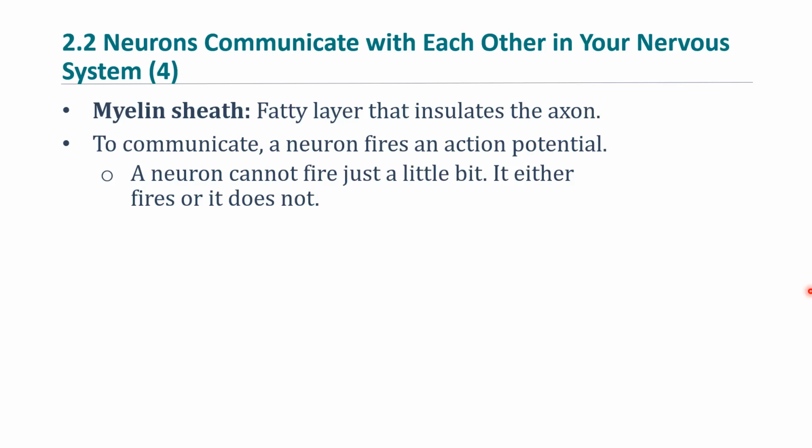When you fire a gun, you can't fire it hard or fire it soft. You pull the trigger and it always fires at the same strength, right? And that's the same as a neuron. It can't change its strength. So what does a neuron do to relay a more important message than a less important message?